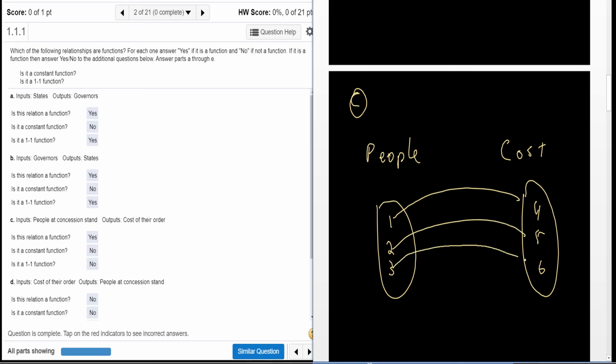Each person has their own cost. Then ask the question, is it a constant function? Does each person have the same cost? No, because some people may order something different, so the cost will be different. So it's not a constant function. They're not ordering the same thing.